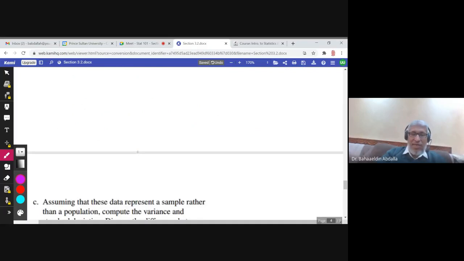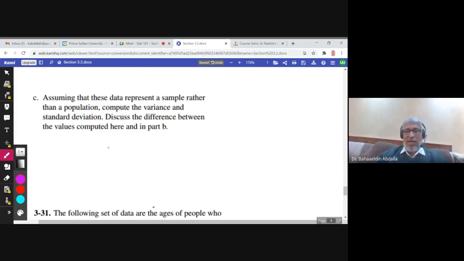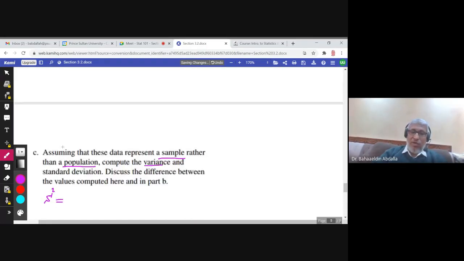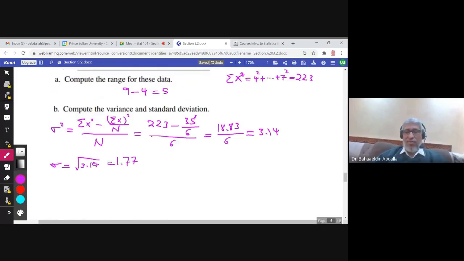Now in part C, he says, assuming that these data represent a sample rather than a population, compute the variance and the standard deviation. So I need to find S square in this case, not sigma square. Well, the only difference, we divide by n minus 1 in the denominator.